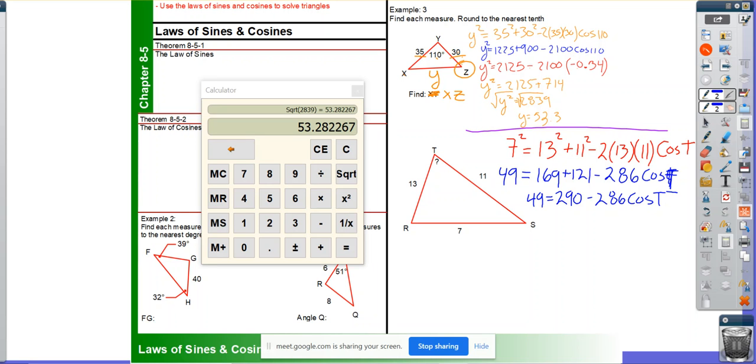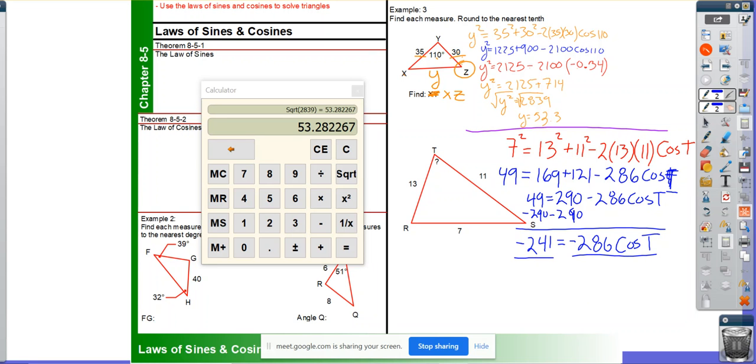Okay, then we would subtract 290 from both sides and get 49 minus 290. That is negative 241. Negative 241 is equal to negative 286 times the cosine of t. You can divide both sides by negative 286.